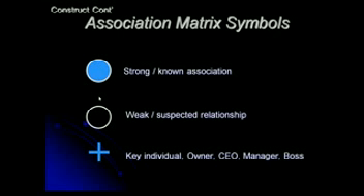Now don't be confused between key individual and strong association. A key individual is usually and typically the owner of something, and that something should usually be property of some sort. The larger your investigation or inquiry is, the greater the matrix is going to look.